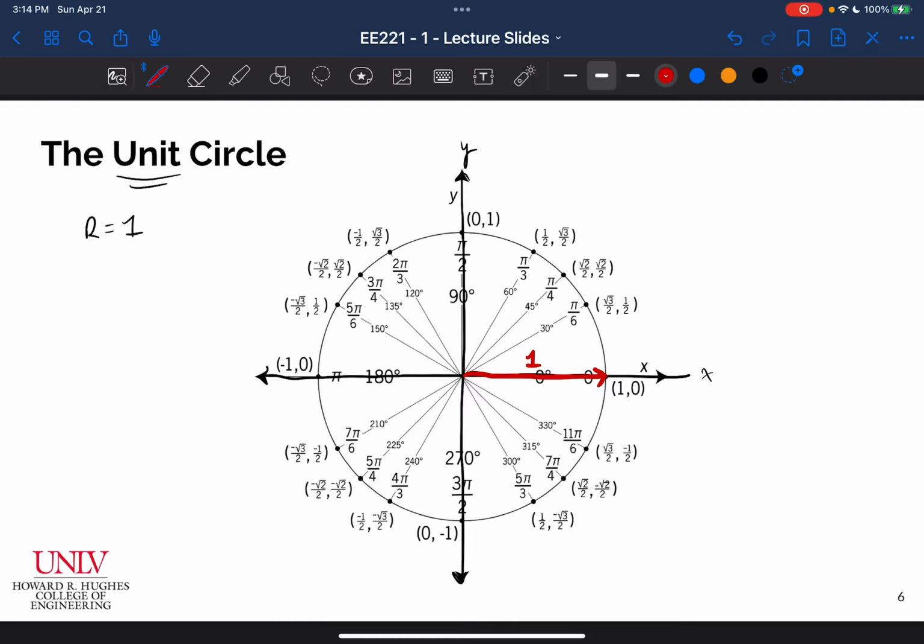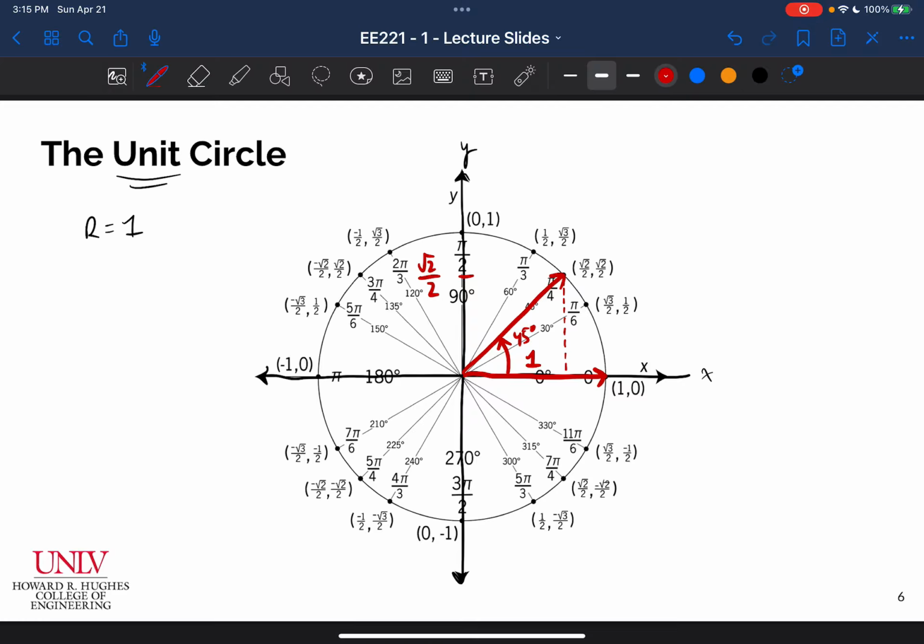If I rotate my vector 45 degrees, right? My length is still 1, of course, that hasn't changed. My angle here is 45 degrees. And my x, y coordinates are root 2 over 2, root 2 over 2. Basically that means if I look at the y height right here, it would be root 2 over 2.